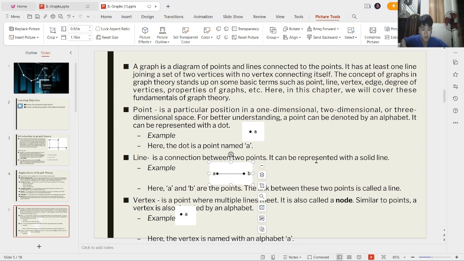It can be represented with a solid line. So this is A and B, and the point A and the point B are connected.